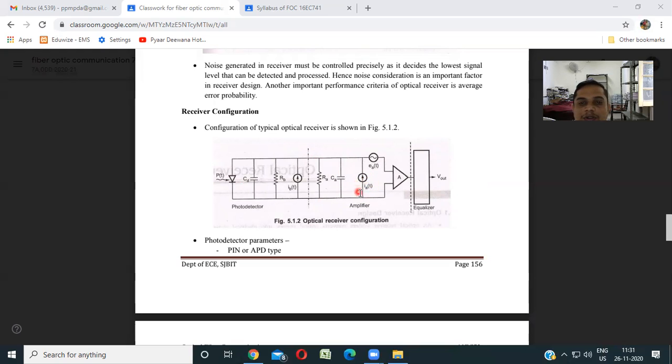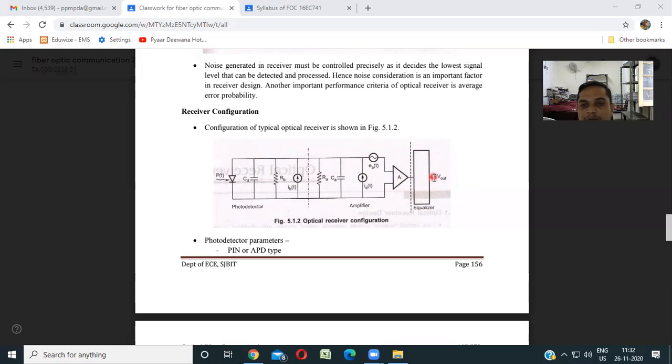The arrow shows I_A(t), because of the amplifier resistor. Here we have the impedance of the amplifier. Then we can see E_A(t), the voltage generated. Here we have the amplifier, and this is the equalizer.